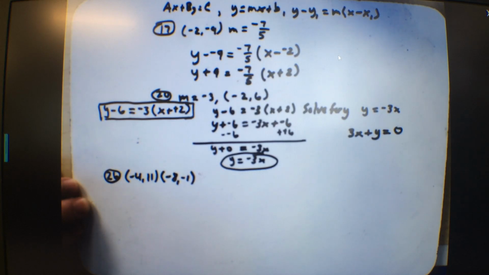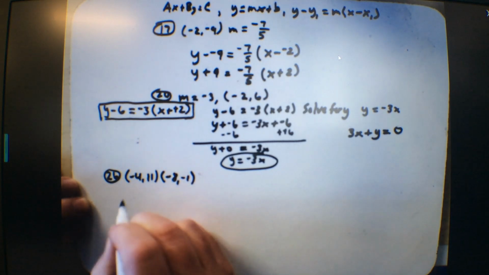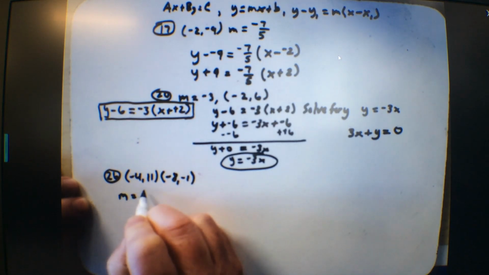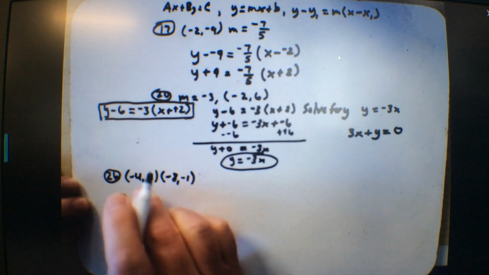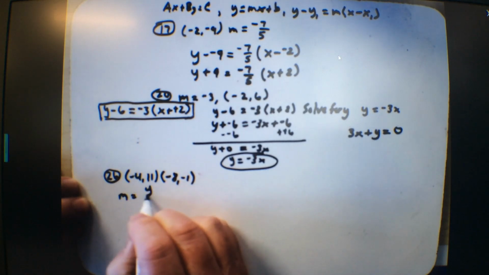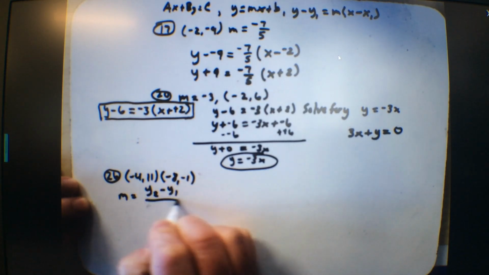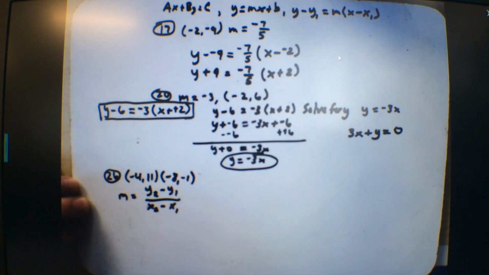You can't? You're done? So why would they give this problem to us if we can't do it? Oh, but we can, people. If you remember, slope is change in y over change in x. Do you remember that?